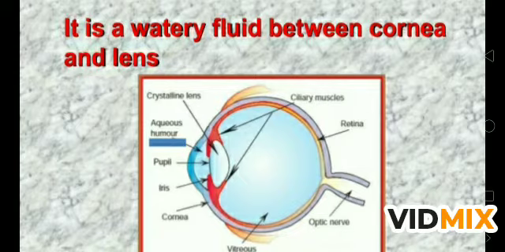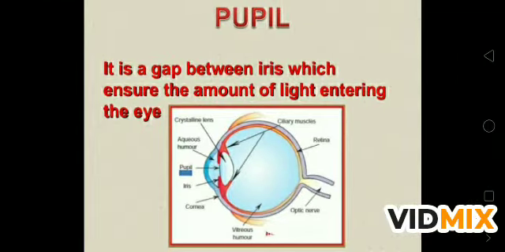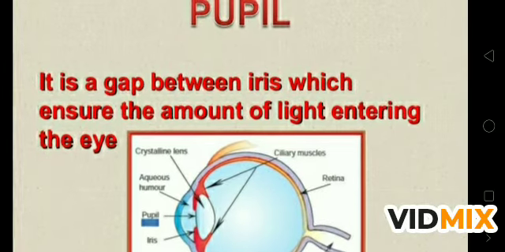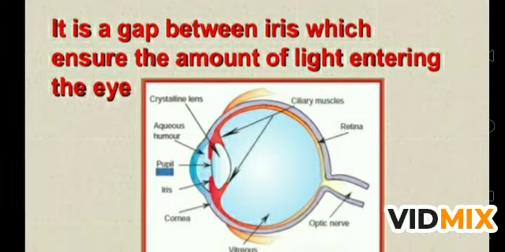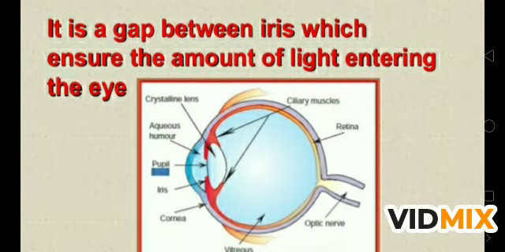Pupil is the gap in the iris which ensures the amount of light entering the eye. In the diagram, pupil is underlined in blue. It is the smallest part of the human eye, the smallest part of the body also. It is the gap which controls the amount of light entering the eye.